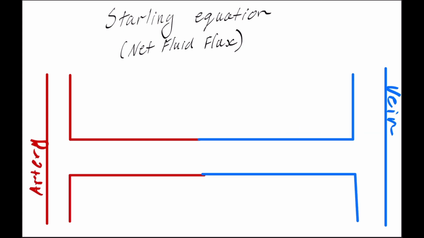So if we draw our capillary bed here, on the left you've got the arterial side, and on the right you've got the venous side. And in the center, the connection between them is the capillary bed. This is the equation at the top: Kf, which means filtration coefficient, in brackets, the hydrostatic pressure of the capillary, which is outwards, minus the hydrostatic pressure of the interstitial fluid, which is inwards.